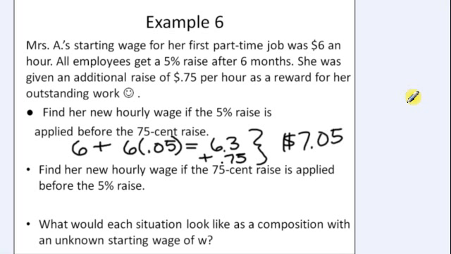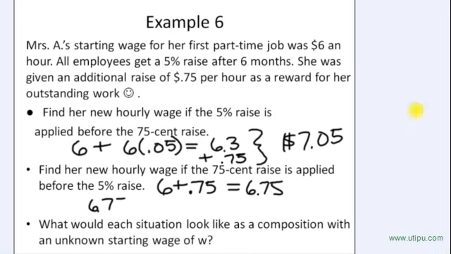Now let's look at the other order. Let's suppose that we first get the 75-cent raise. So that's a flat fee, raising me up to $6.75 per hour. And then getting 5% on top of that, so $6.75 plus 5% of the $6.75.